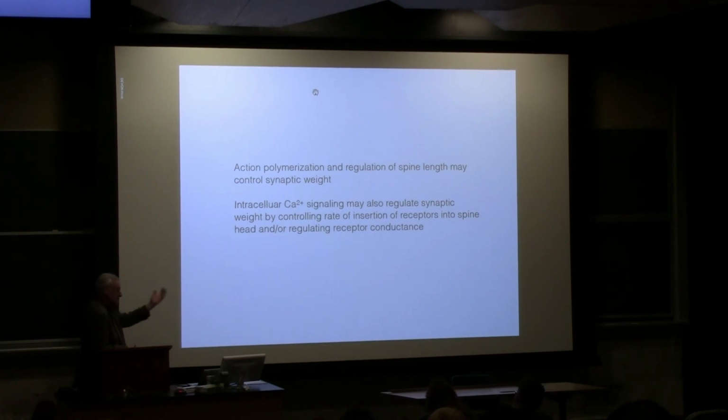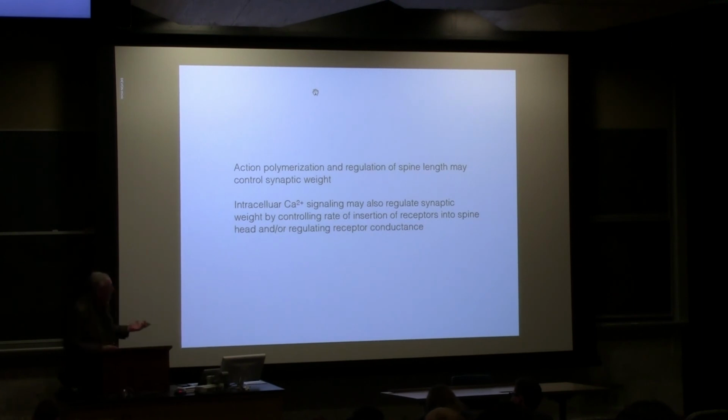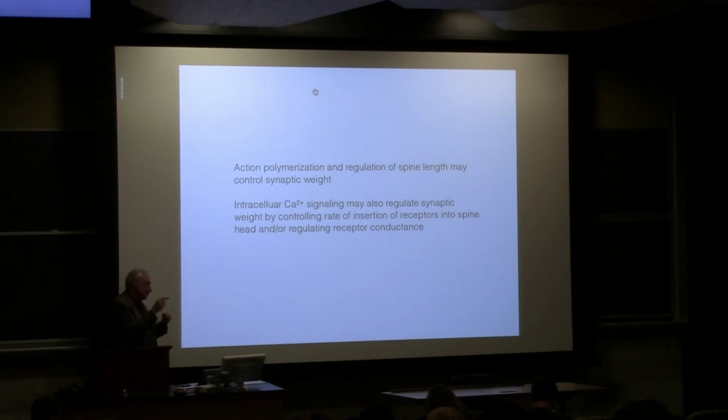So if you place more receptors in the spine head, that's a way of amplifying the response to a synaptic event, because you've got more receptors that open and inject more charge into the spine head. And it's known that calcium can also regulate the conductance states of those ligand-gated receptors. So when they're phosphorylated, they actually conduct more charge than when they are not.